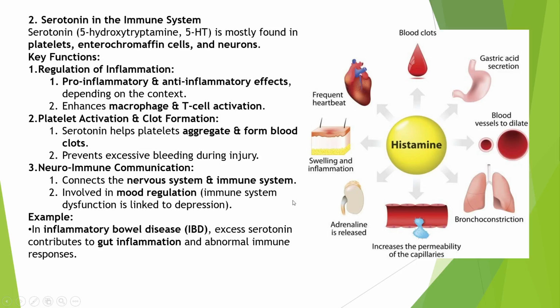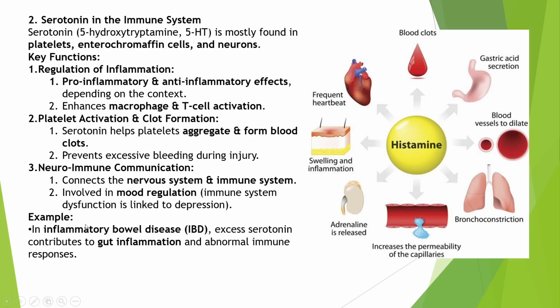So in cases of autoimmune disorders, depression is also one of the symptoms, and in many cases, since the nervous system is connected, it affects different parts and regions of the brain, which can control your moods and your stress levels and all these things. Okay, so serotonin has pro and anti-inflammatory effects, platelet activation and clot formation, and neuroimmune communication.